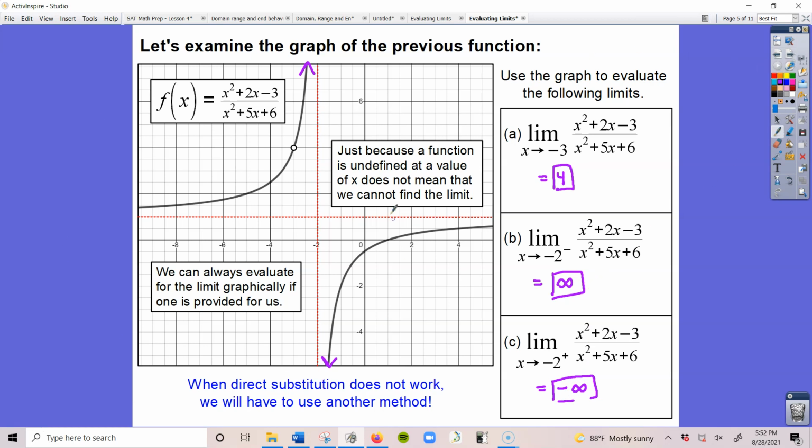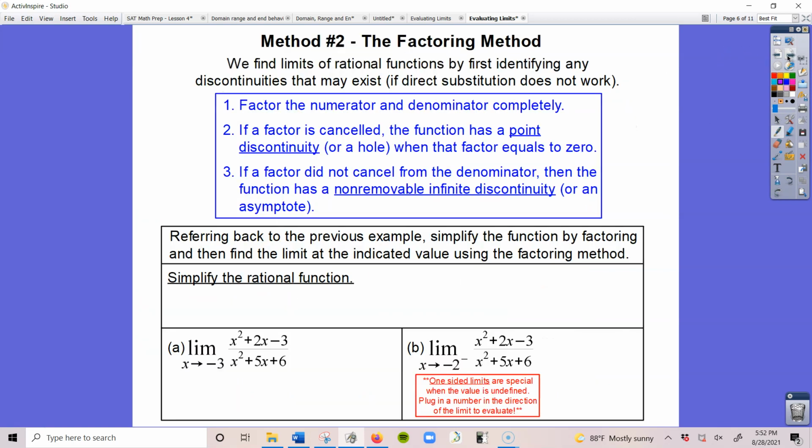If I didn't have the graph, I would still be able to find these limits if I were to factor, which is what we did in the very first slide. So we're dealing with the same exact function here, the same one as in the previous two slides. First we're going to simplify this rational function. In the numerator we have x squared plus 2x minus 3, which can be factored to be x plus 3, x minus 1.